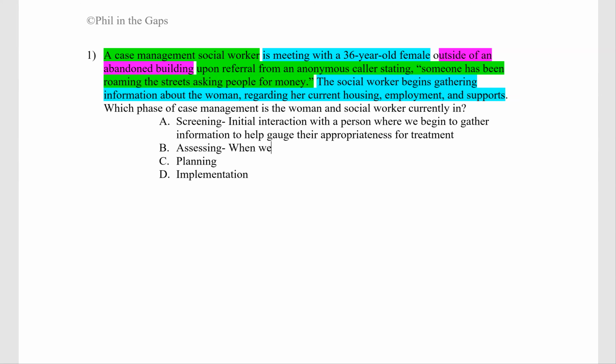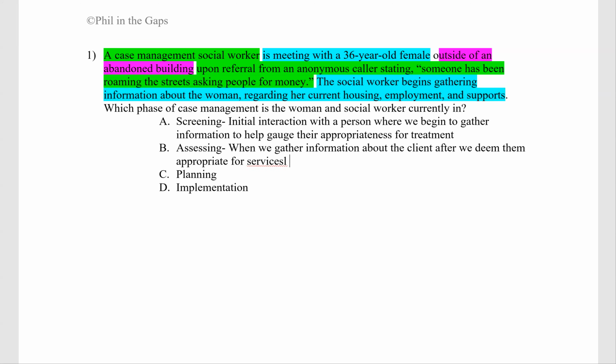And then assessing is when we gather information about the client after we deem them appropriate for services. So we identify resources, supports, and history, etc. So we deem them appropriate, and then we start gathering that information.